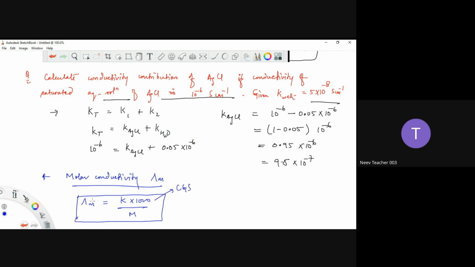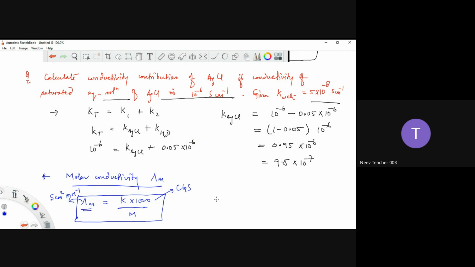So if you are calculating lambda m in Siemens centimeter square mole inverse, check the unit.